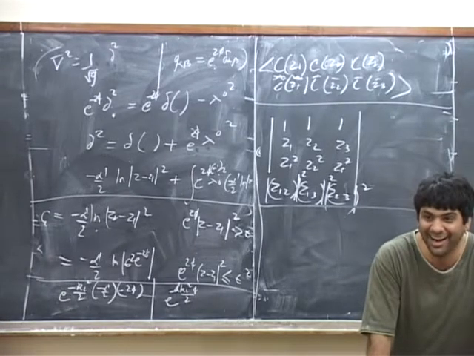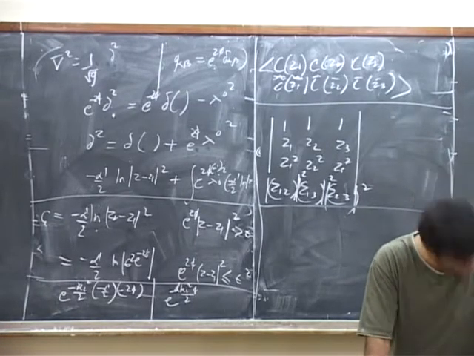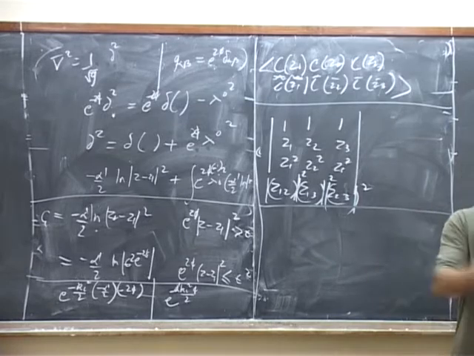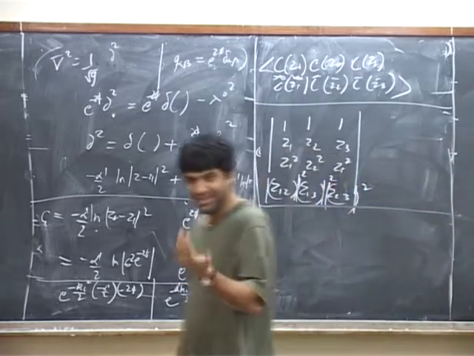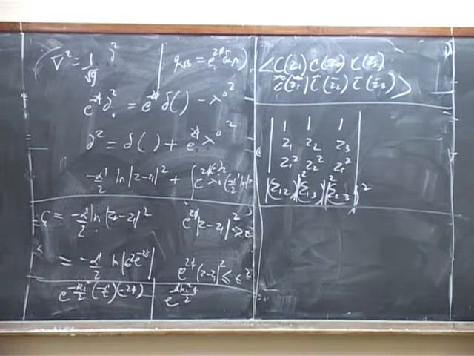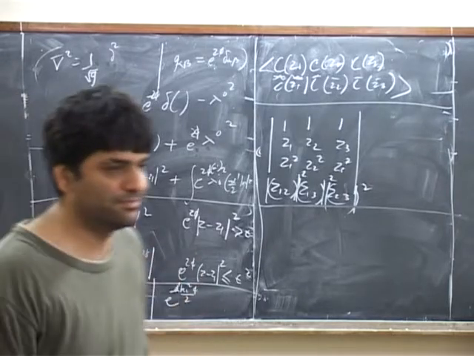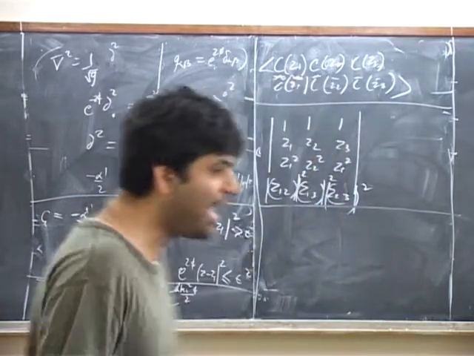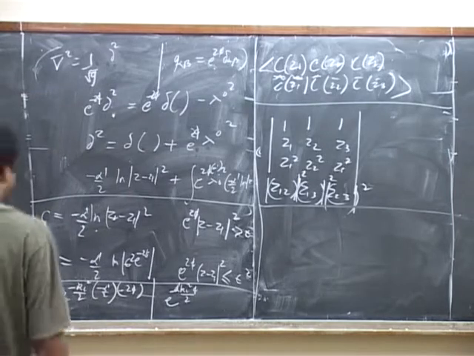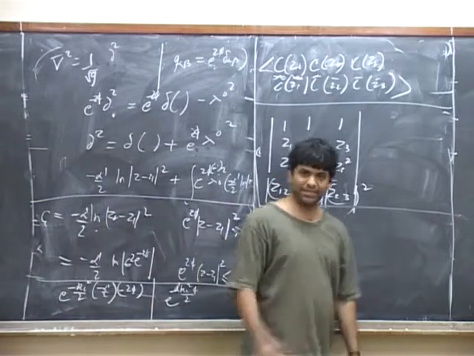There are only singularities in the BC. Exactly. So there are no singularities in the C(Z1), C(Z2), C(Z3). Okay? So this answer can have no singularity. Moreover, it must have a 0 when Z1 is equal to Z2. Why? Because these are anti-commuting fields. C(Z1) squared is equal to 0. Okay? So it must have a 0 when Z1 is equal to Z2.